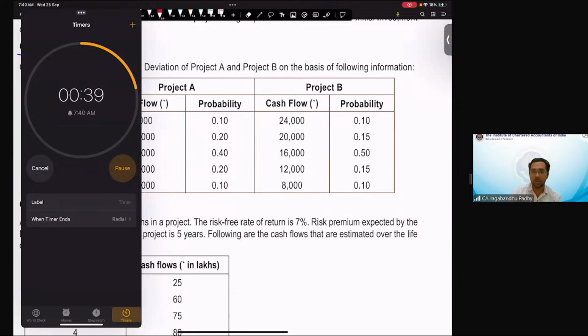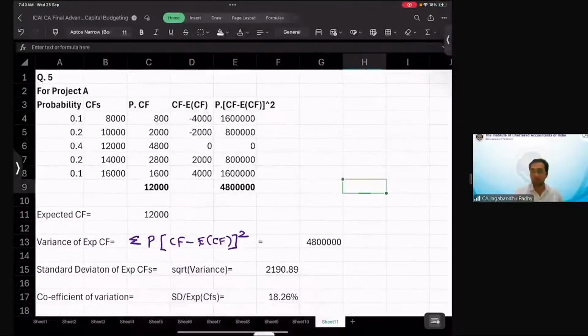But earlier, I calculated the coefficient of variation in this question because there was a query from one of our students whether we can express the standard deviation as a percentage. So I simply explained that standard deviation has to be of the same unit as the cash flows. As the cash flows are expressed in rupee terms, your standard deviation is also going to be in rupee terms. But if you want a relative measure, you should always look for the coefficient of variation.